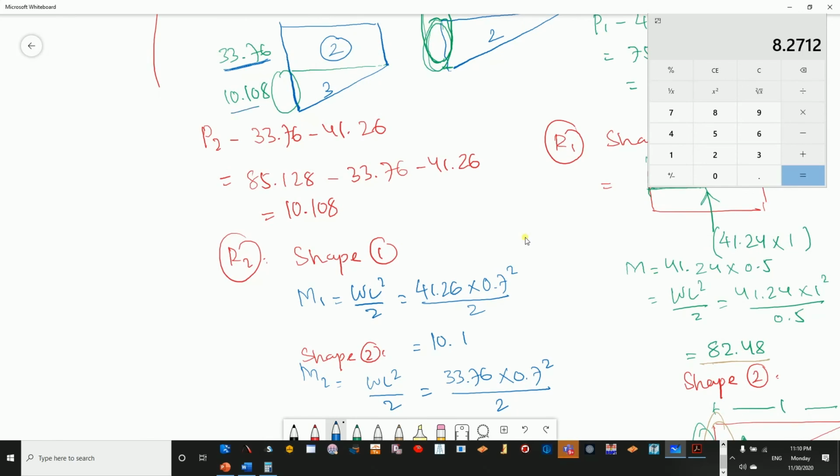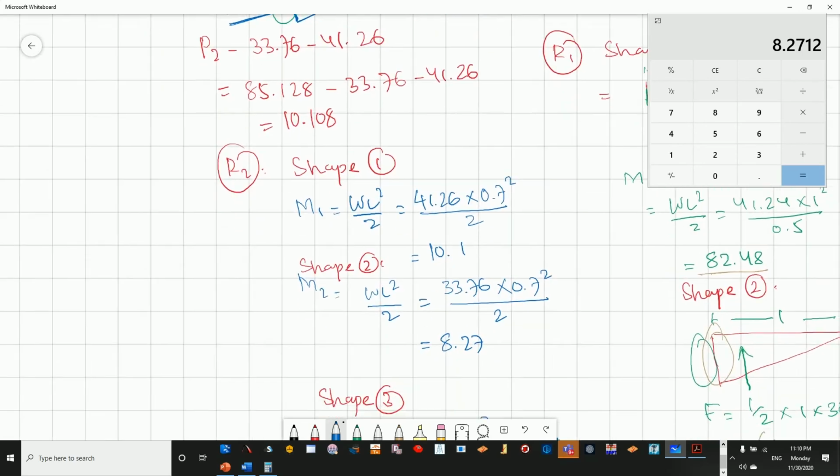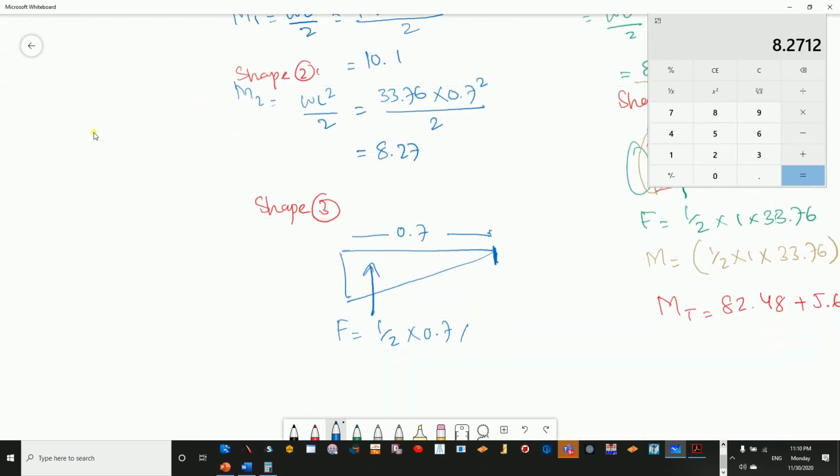So the height of the triangle is 10.1, okay, so into 10.108. So the total force is 3.5378.